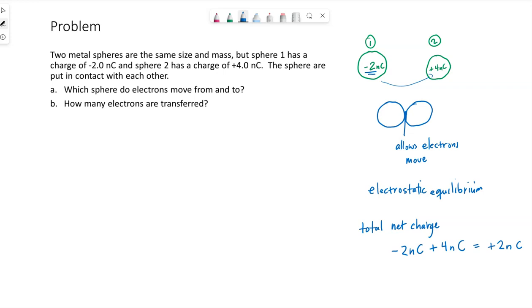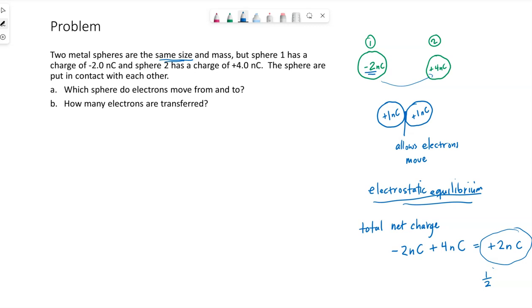Now, in electrostatic equilibrium, the excess charge ends up spread uniformly over the surface of the conductor. That means because these two spheres are the same size, both of them will end up with half of this. So we can say that both spheres end up with a net charge of 1 nanocoulomb.